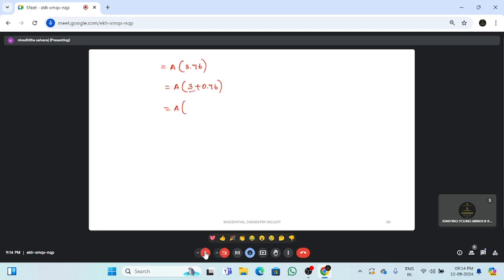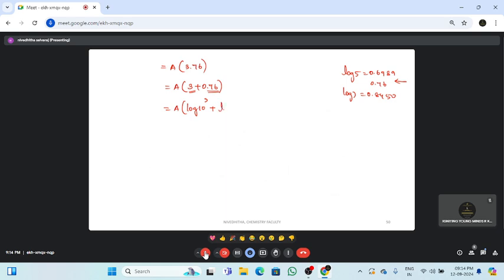So I have to write this 3 in terms of log, so log 10 power 3. And I have to write this 0.76 in terms of log. Log 5 is 0.6989 and log 7 is 0.8450. So for 0.76, the value must be between 5 and 6, right?